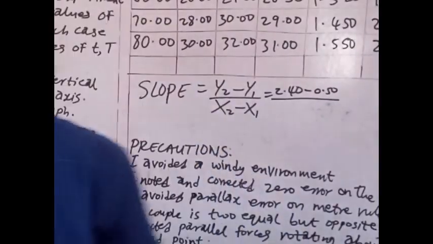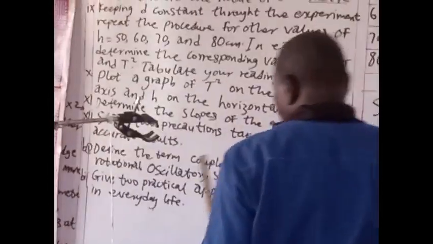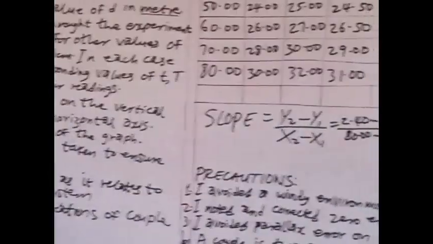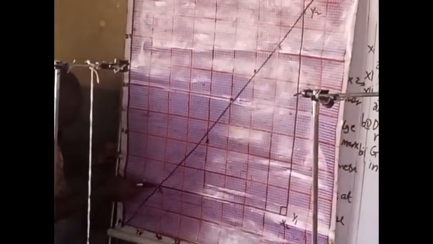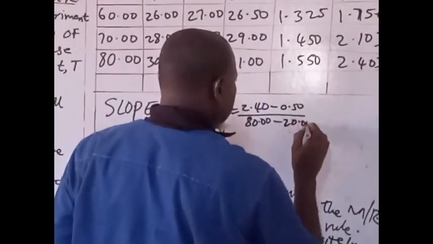Our x2 is 80. Our x1, we trace it to the horizontal axis, this is approximately 20.0.